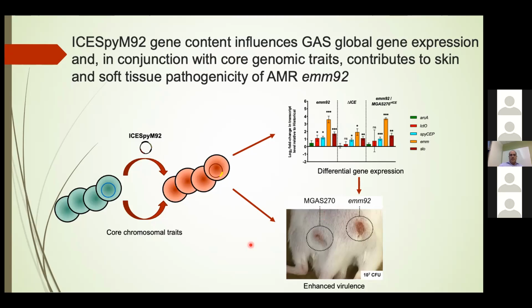So potentially, it is the activity of both gene content on the ICE and alleles specific to the M92 background that are resulting in a differential global gene expression program that enhances M92 virulence.